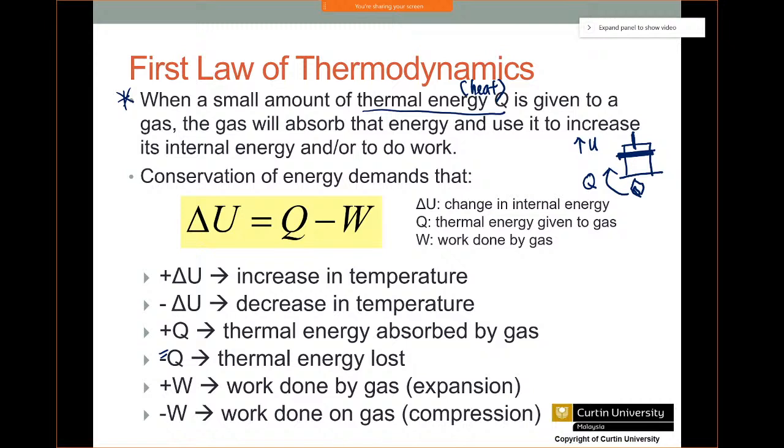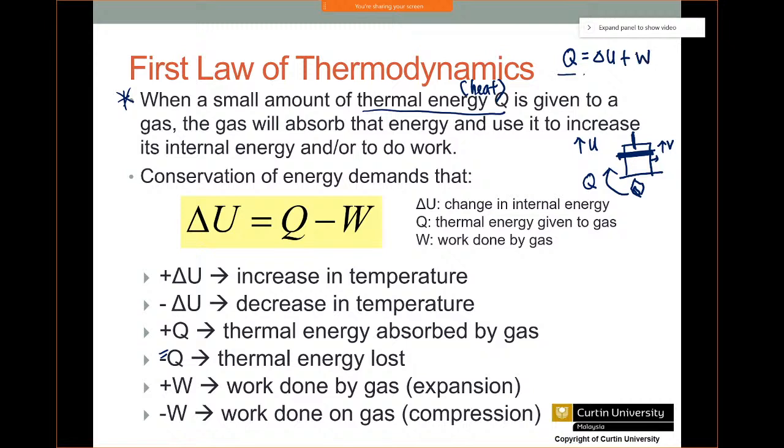To do the work, it will cause an expansion. Expansion means there will be an increase in volume. So Q from the fire will be given to the gas to increase the internal energy and to do work.